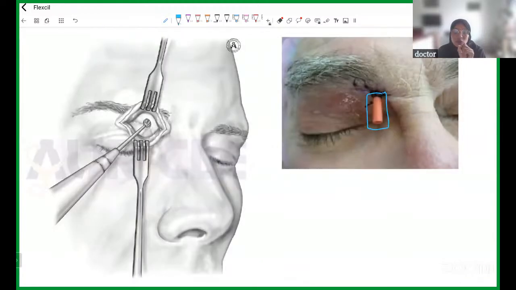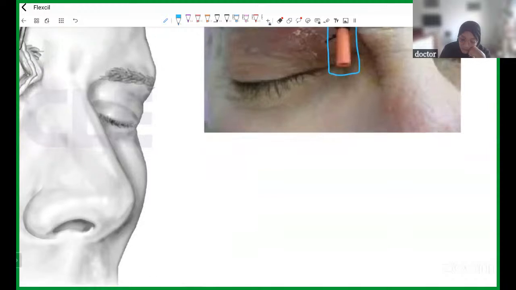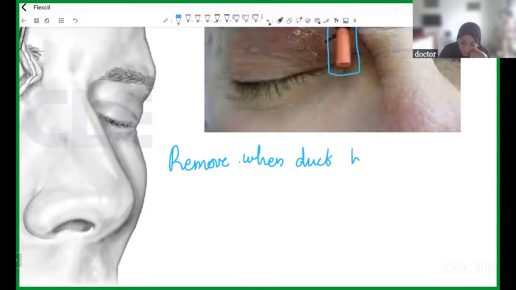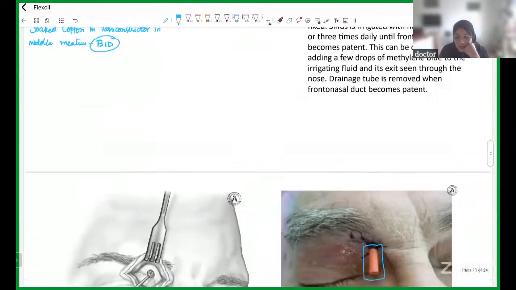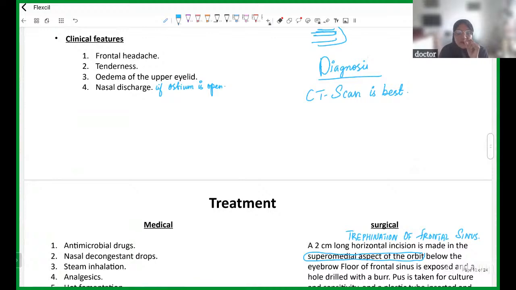You remove this tube when the frontonasal duct becomes patent. Okay. So this is trephination of the frontal sinus.